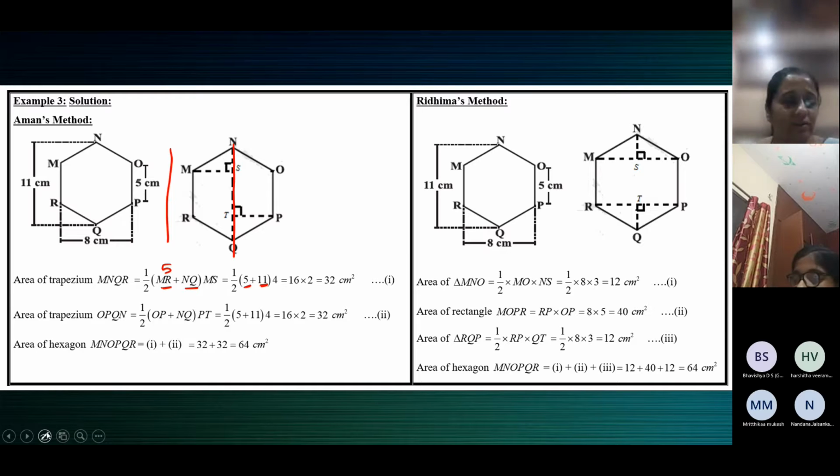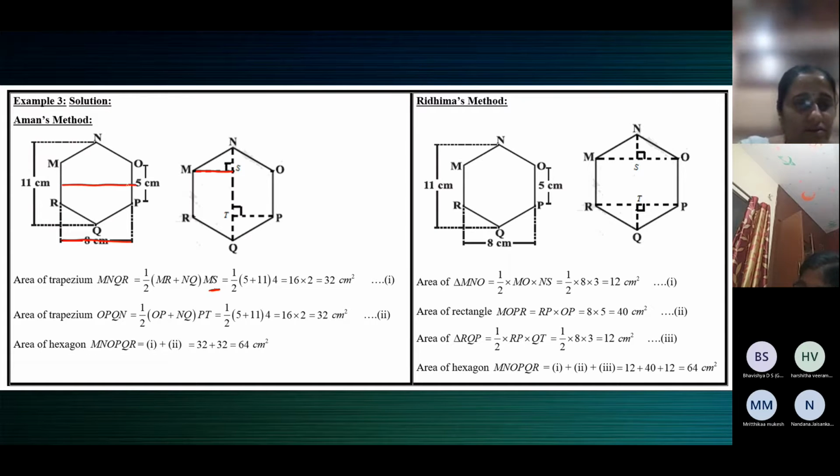Into distance between them. That is MS. This is the distance between them. You can see this here, children. 8 is what? From here to here is 8. It's marked here. See these two lines here.